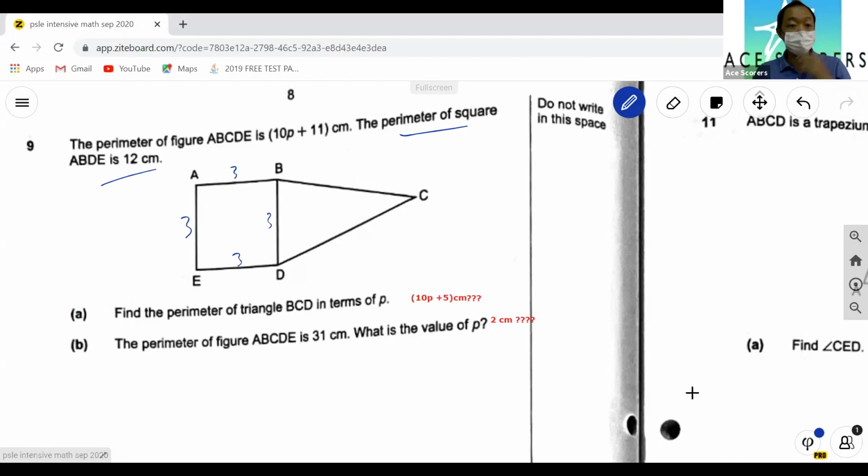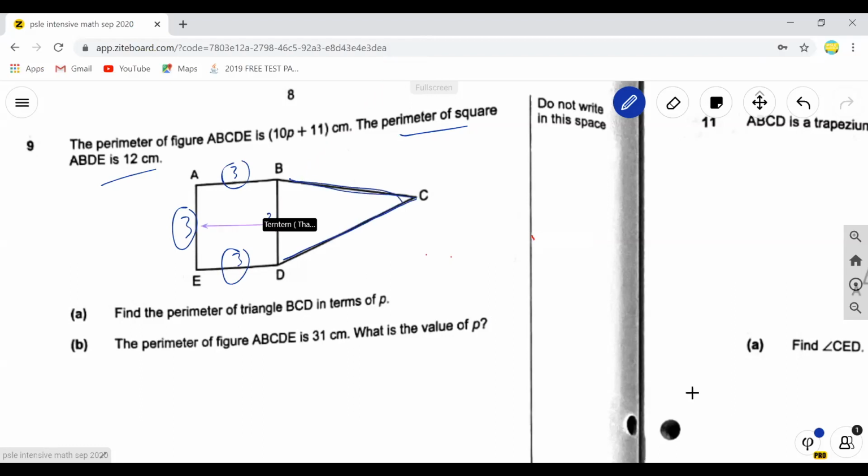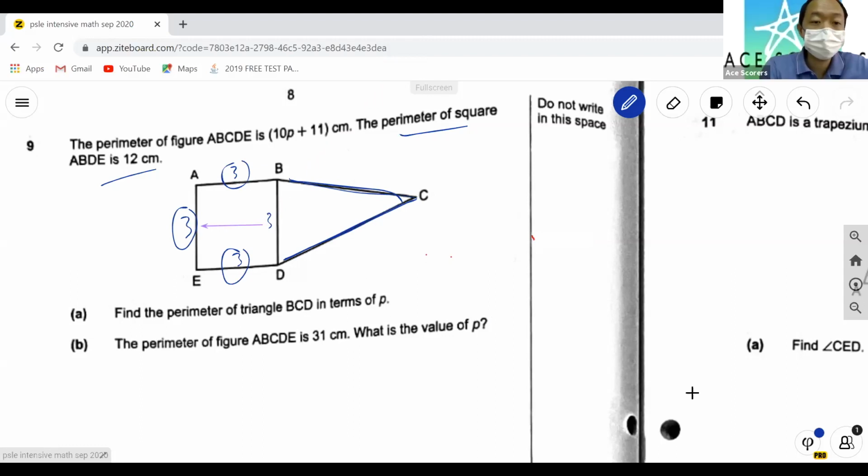The perimeter of figure ABCDE is 10p plus 11. Find the perimeter of BCD in terms of P. If the whole thing is 10p plus 11, I need to remove this 3 and this 3. But we're supposed to find BCD, so we have to push out the BD to the AE. So we only minus 2 of the 3s.